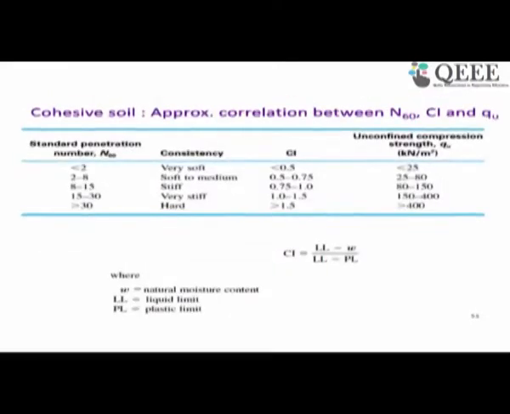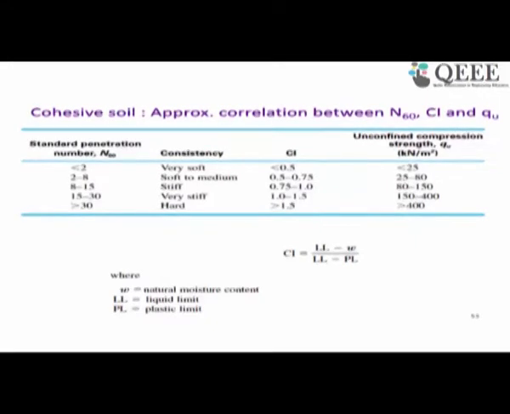Now this SPT N values can be used for various calculations. For example, SPT number can be correlated with UCS or other related consistency index. For example, if you have SPT less than 2, we can consider a UCS equal to less than 25, or if the SPT number is more than 30, you can consider UCS beyond 400 kilonewton per meter square, that is the kilopascal.